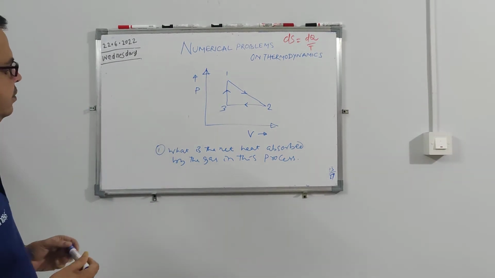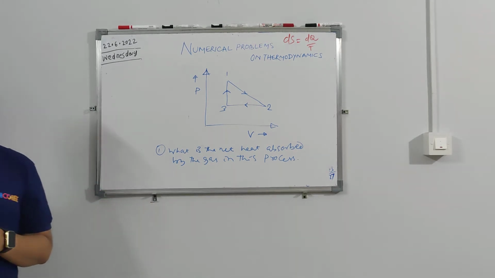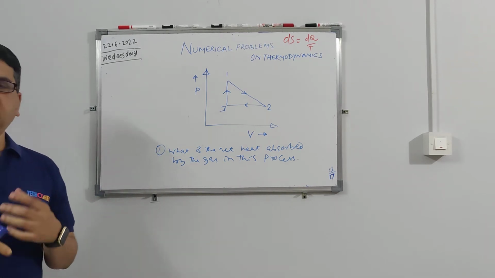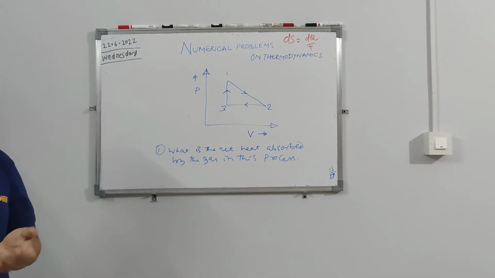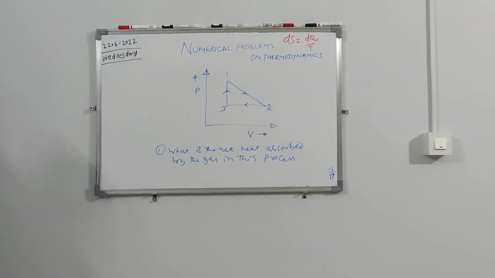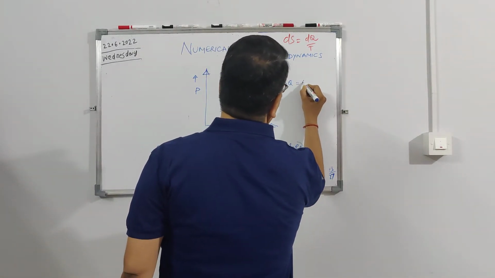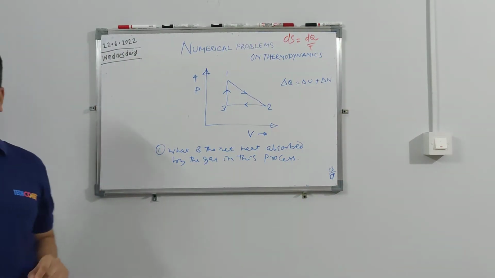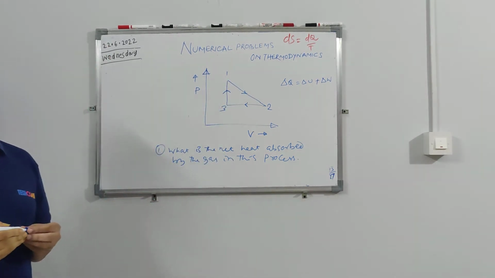So if this is the case, they are asking what is the net heat added. Net heat means in a process heat will get added and heat will get rejected. So what is coming in and what is going out. The difference between what is coming in and what is going out is called net. Here we can apply the first law of thermodynamics. We know del Q is equal to del U plus del W. But it is a cyclic process, so it has come back to position one.